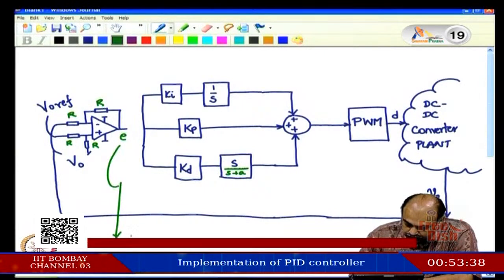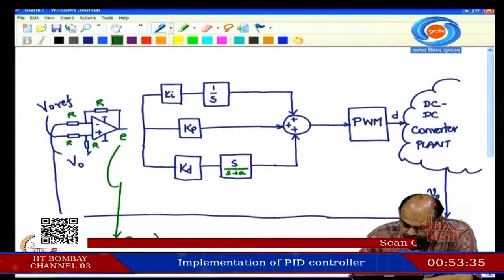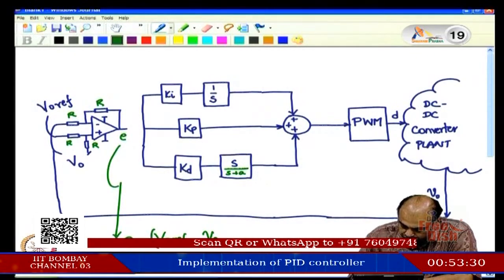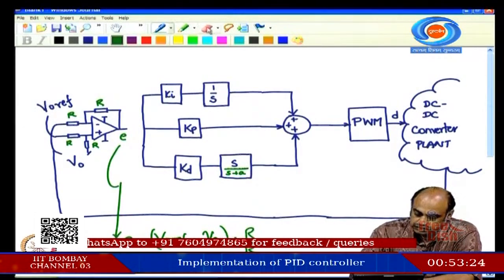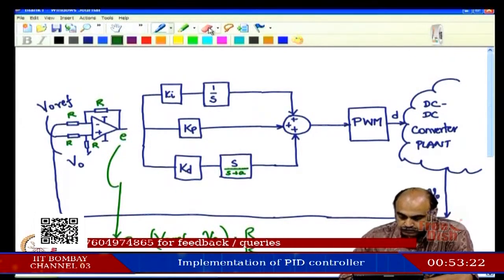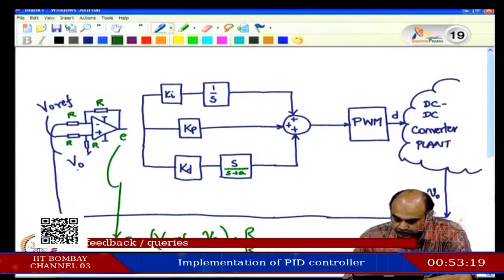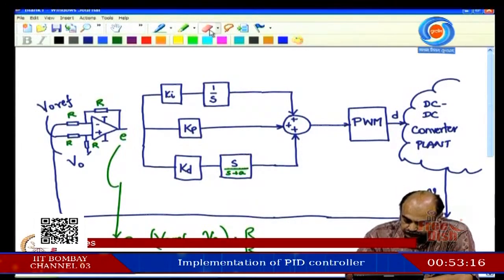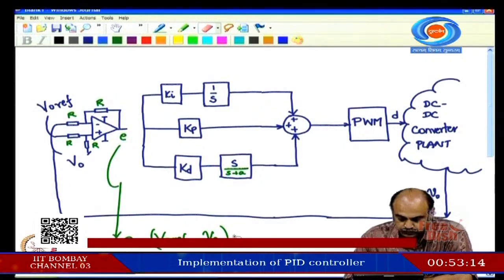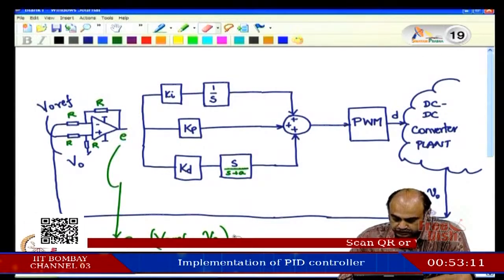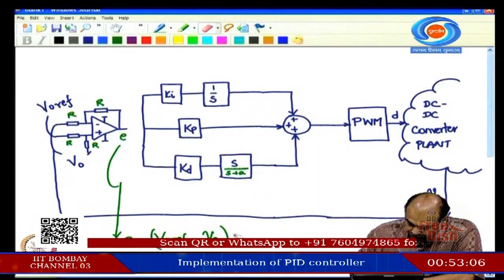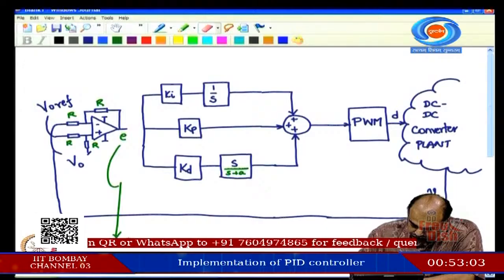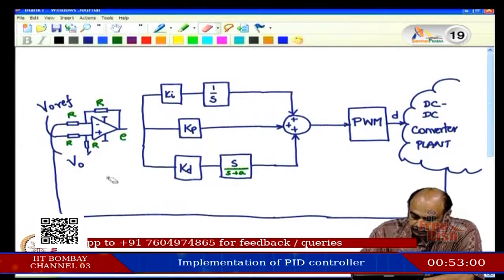E equals V naught ref minus V naught into R by R, but as the values of resistance are all equal, they cancel out. So, it is just V naught ref minus V naught. Okay. So, this is the first part, comparison. I am going to remove this so that we do not clutter up the board.